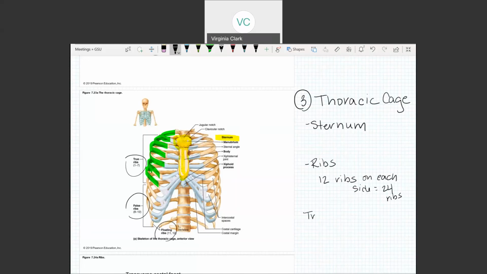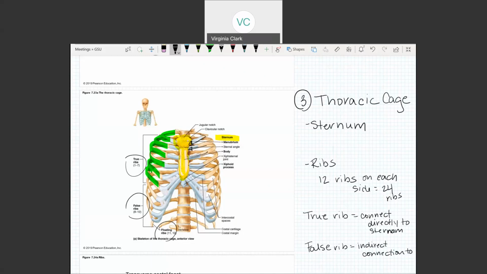So a true rib will actually connect directly, not just connect to, but it will connect directly to the sternum. So you'll notice these guys right here connect directly onto that sternum. Whereas when you have a false rib, there is an indirect connection to the sternum.